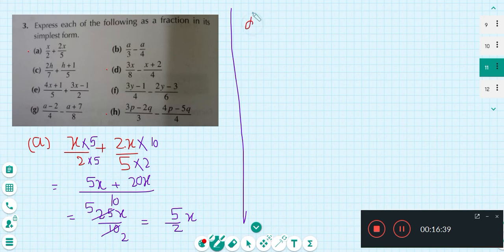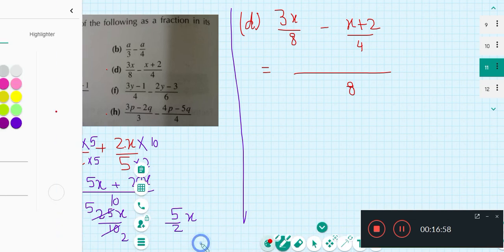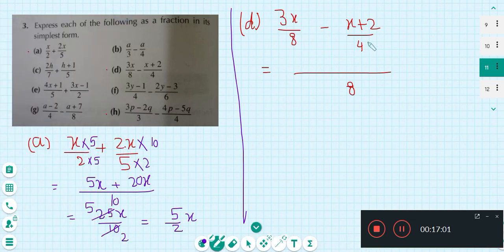Now part D. So in part D we have 3x over 8 minus x plus 2 over 4. So LCM will be 8. So I multiply this by 2, or this will be multiplied by 1 and this will be multiplied by 2.